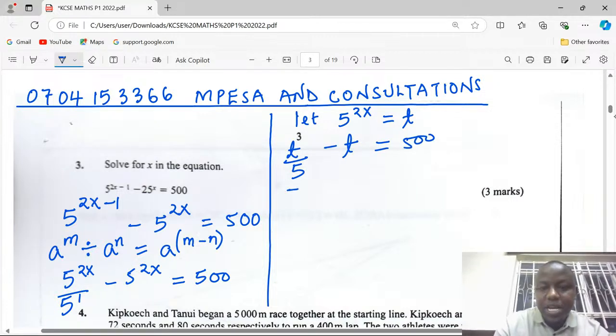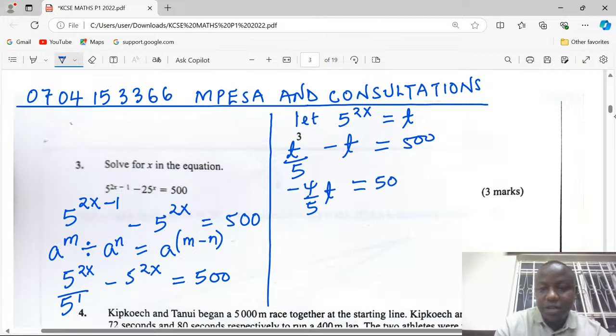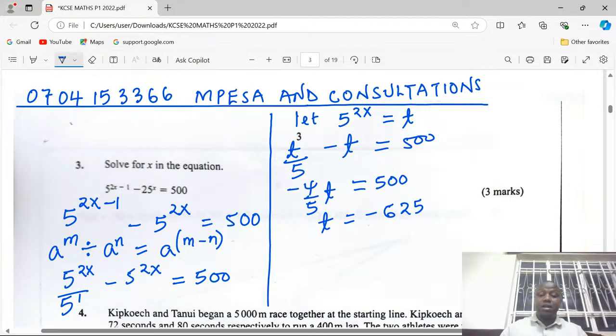This will be negative 4 over 5 t, because this is a fifth minus t. So negative 4 over 5 t equals 500. This means the value of t will be negative 625. Yes, negative 625.